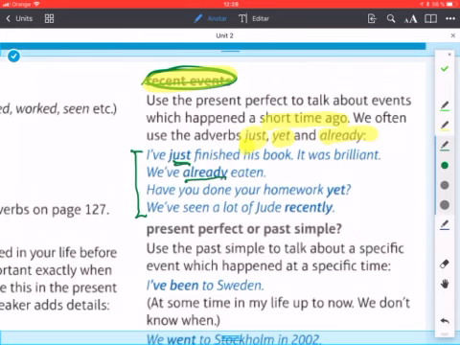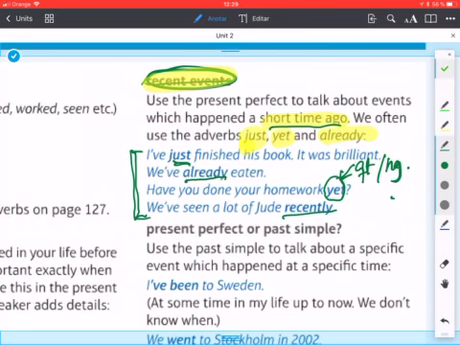We've already eaten. Have you done your homework yet? This is mostly for questions at the end. This is for questions and for negative sentences. Okay, negative. I haven't eaten yet, for instance. We've seen a lot of Jude recently. Okay, so basically they are saying things that happened a short time ago in all of these.